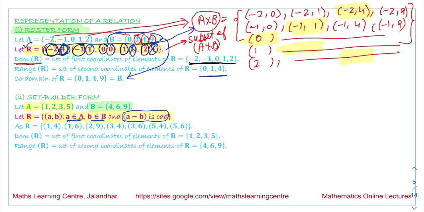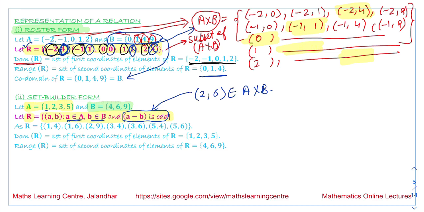If we look at these terms, we have considered an a. Suppose I have to check whether the pair (2, 6) belongs to this relation or not. (2, 6) belongs to A cross B. We want to check whether it is a part of this relation.